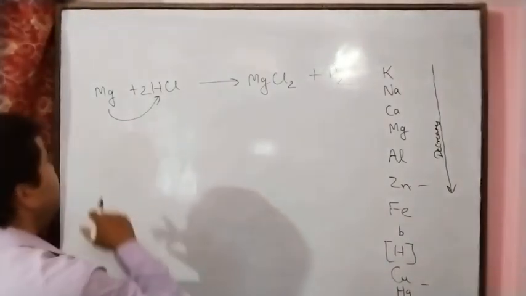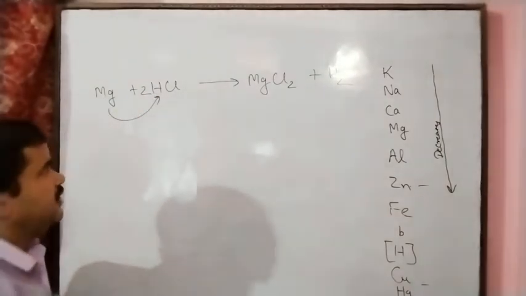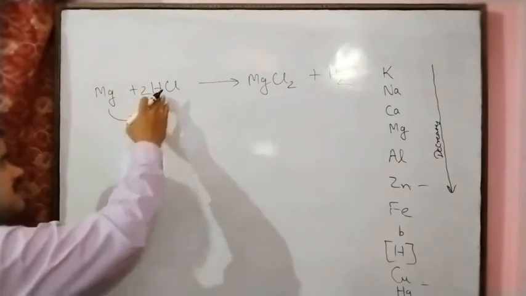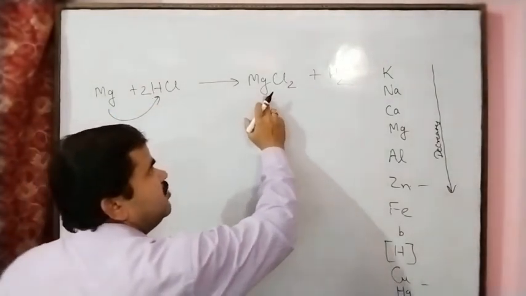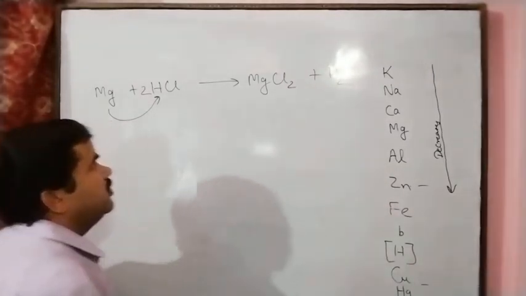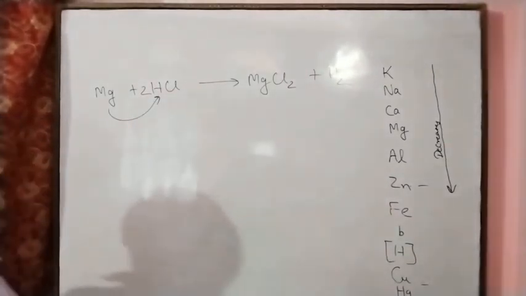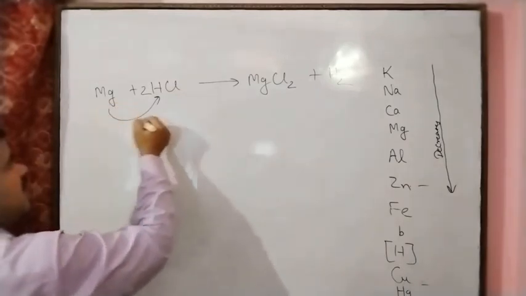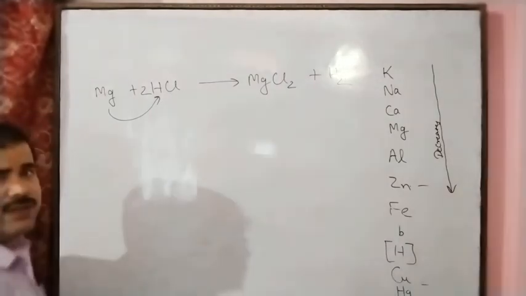This is the reason magnesium displaces hydrogen from the acid, and when magnesium displaces the hydrogen from HCl, we get the compound MgCl2 plus H2.